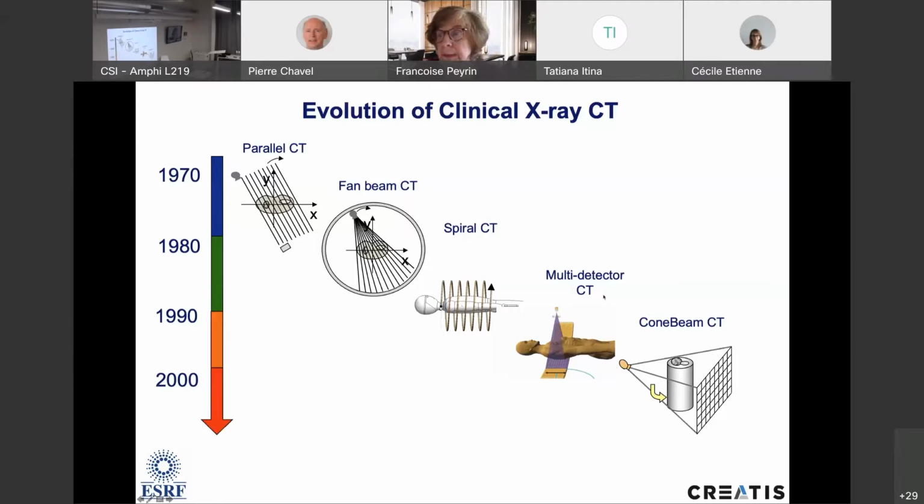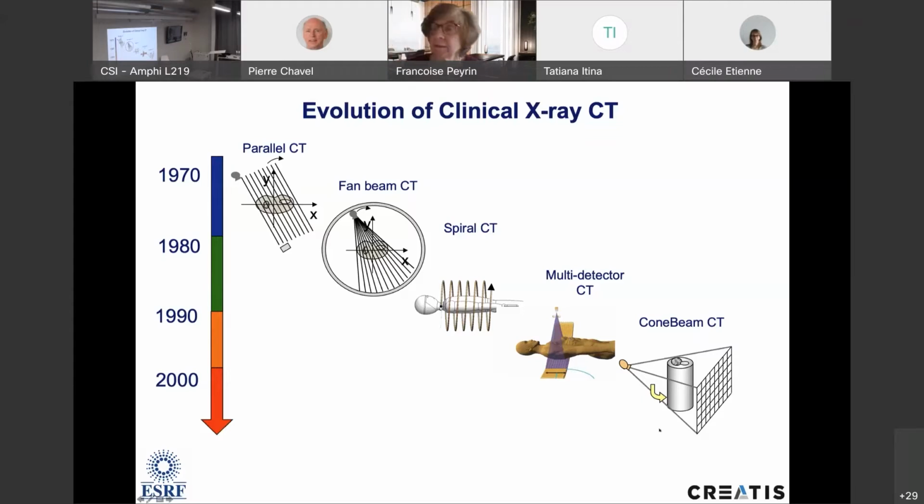And then there was an improvement in the detectors in CT, which allowed to have not only one array of detectors, but a 2D array of detectors, which is called multi-detector CT, which was often combined with spiral CT. Then you can get not a single slice, but directly in parallel several slices.